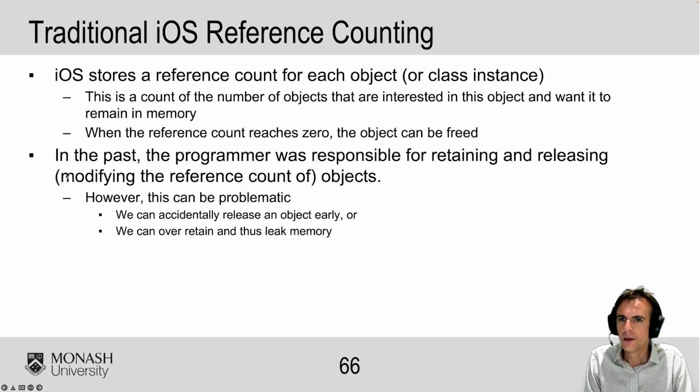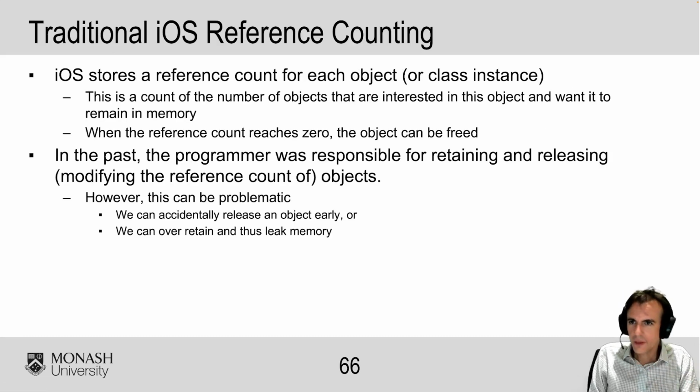So as I said, iOS stores a reference count for each object, and behind the scenes, it increments and decrements these reference counts and knows when things can be freed. And it sort of means we get the best of both worlds. In the past in Objective-C, we would have had to explicitly write retain and release statements, and now the compiler just does it for us.